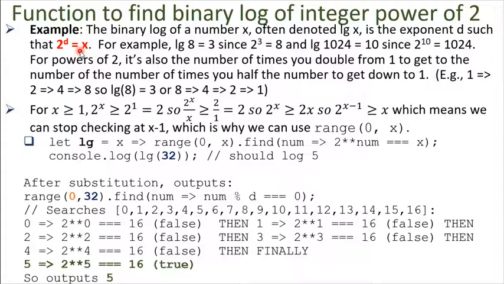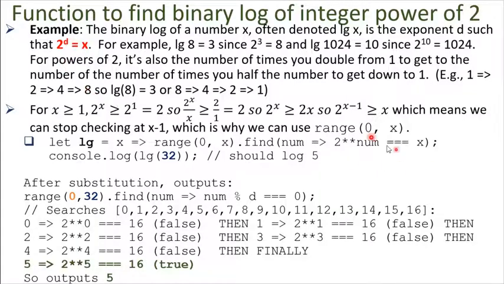It's going to be greater than or equal to 1. So the d that you're going to have to use here is going to be greater than or equal to 0. So you repeatedly plug in numbers 0, 1, 2, 3, 4, 5, 6, etc. until 2 to that number is equal to your input. So that tells you where you want to start checking. You want to start checking at 0.